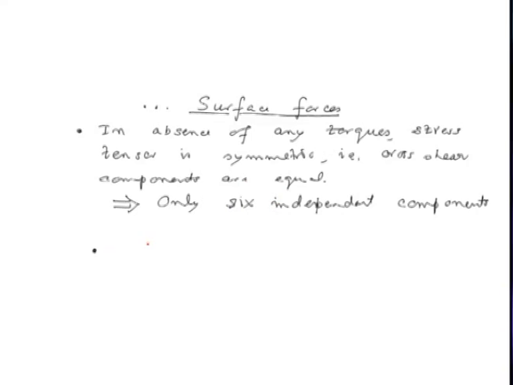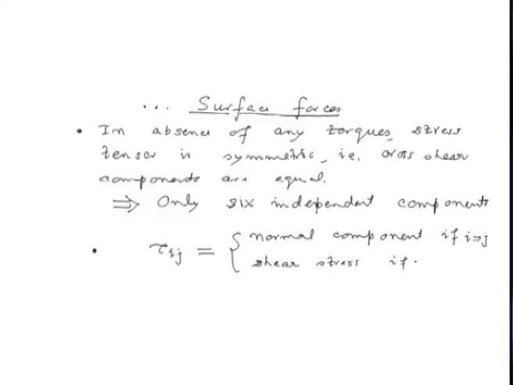Now, of these components, tau_ij is called a normal component if i is equal to j, that is, all diagonal elements of this stress tensor are normal components of stress, and shear stress if i is not equal to j.